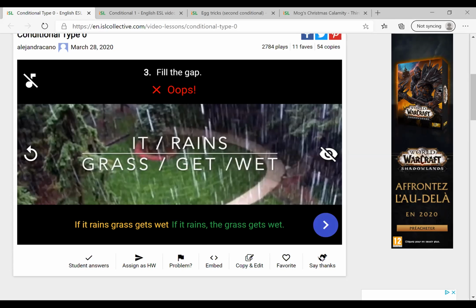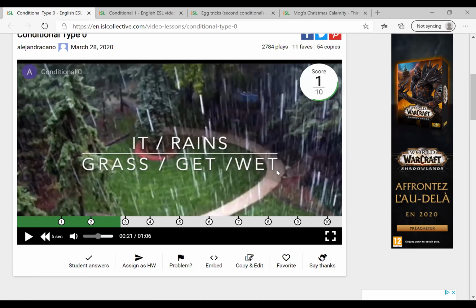Do you see my mistake? The one, the grass, also a comma. They also count as a mistake with a comma. And the grass, this specific grass gets wet. Next.